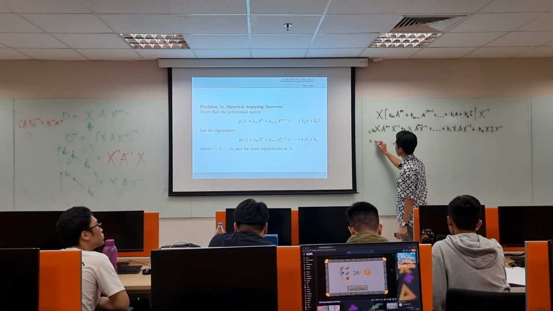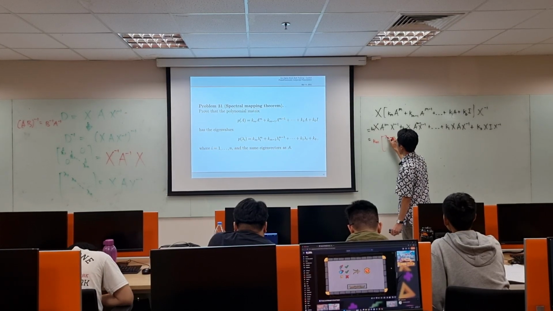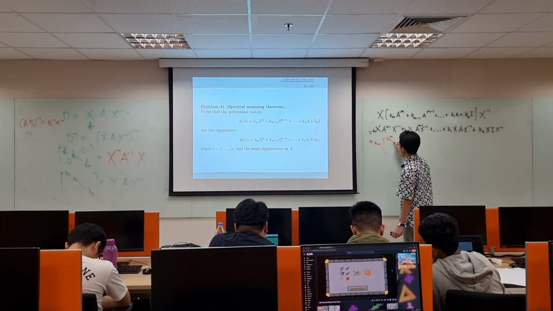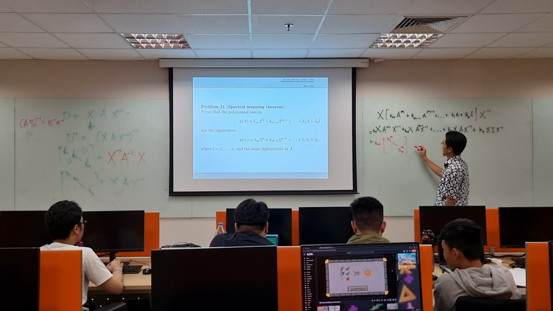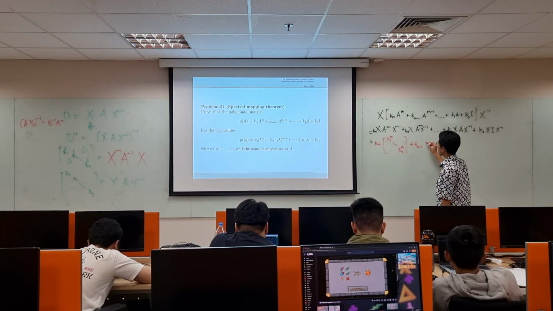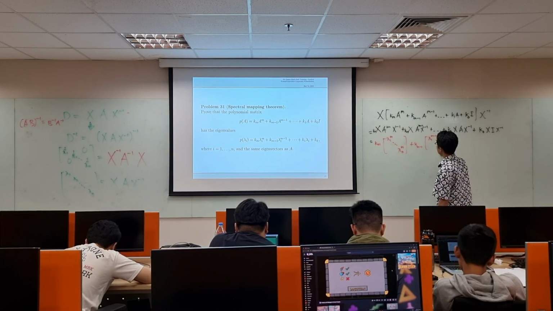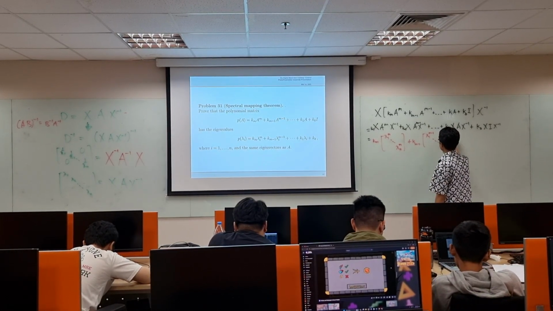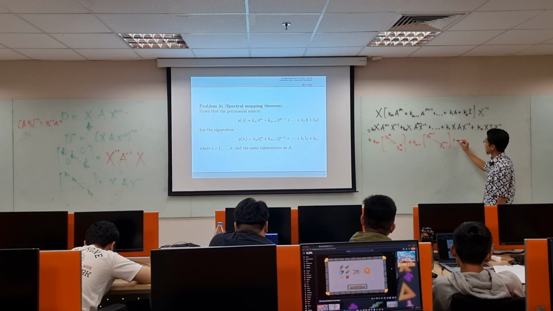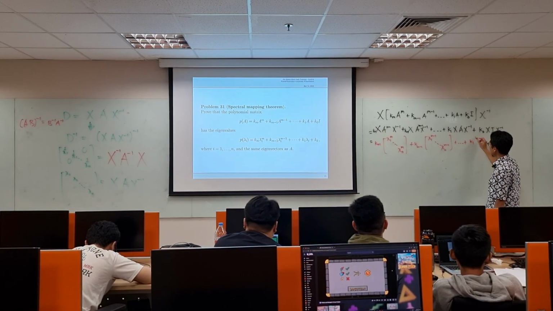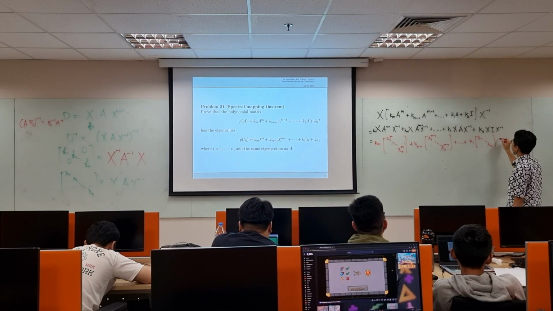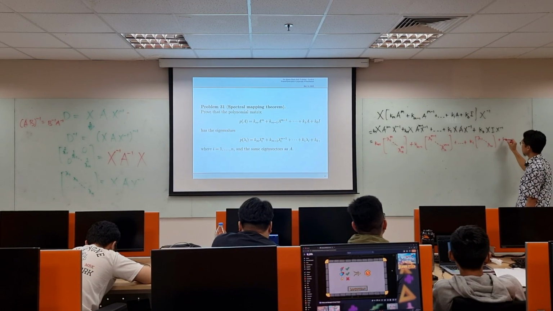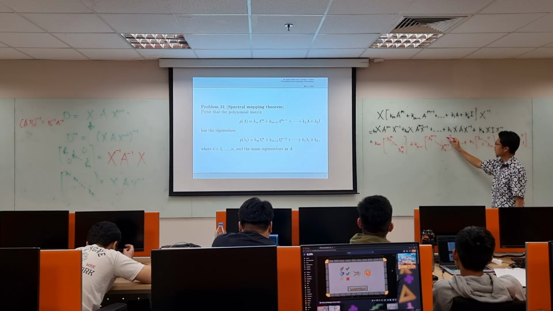X A to the power of m X inverse is k_m lambda to the m, and then plus k_(m-1) lambda to the m minus 1. Plus k_1 lambda_1 up to lambda_n plus k_0 times 1. Okay, this is all diagonal matrix.